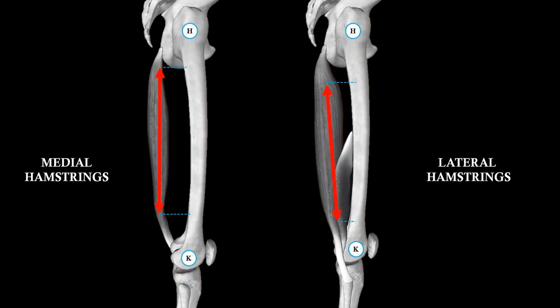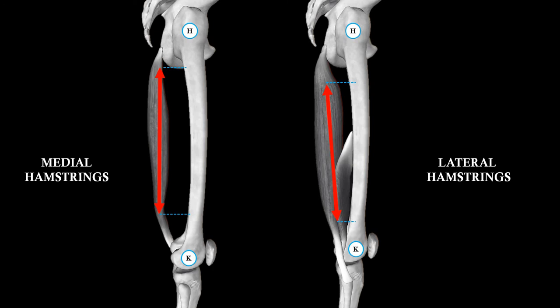Now, I've borrowed this image from Biodigital, which perhaps doesn't do it full justice, but you can see on the right hand side here, the lateral hamstrings have a far shorter moment arm length.